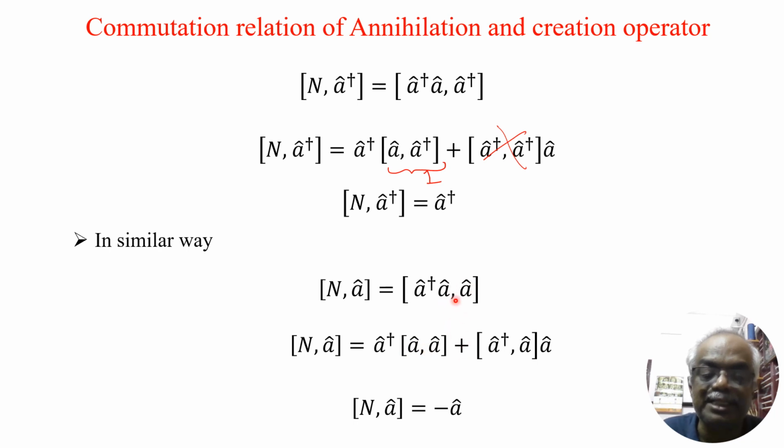Then next, this left hand, right hand side will become right hand side, a, then this will be a dagger a a. So the first term a will cancel with a, since a and a commute, this will be 0. So naturally the commutation of a with a dagger is 1, but here a dagger a is minus 1 because its order is changed. So you will get minus a. This is the annihilation operator, so you got the minus here. We will further develop this one.